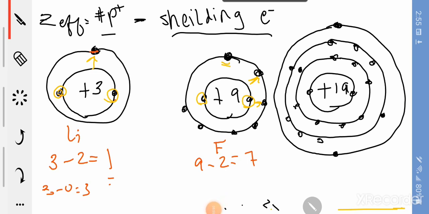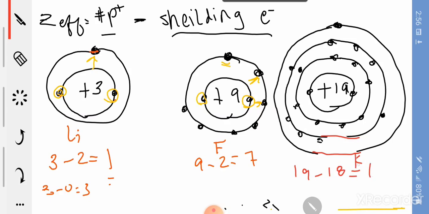However, let's see what happens when we look at potassium. So we have 19 protons, and if we count up all of these inner electrons, 1, 2, 3, 4, 5, 6... There we go. So we have 18 electrons on the inside because we only have one valence electron.